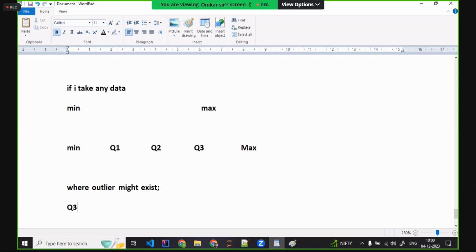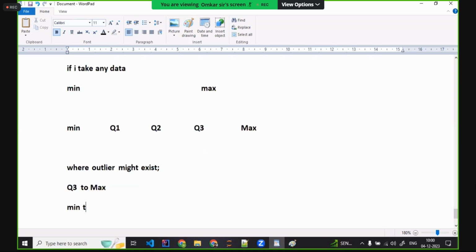Q3 to max, surely, because that is the max value, and before it some cutoff is there. Or minimum to Q1, maybe, we don't know. A huge negative observation might also be an outlier, and a huge positive observation might also be an outlier.